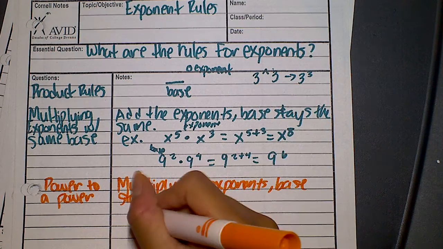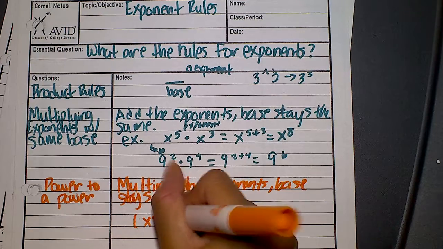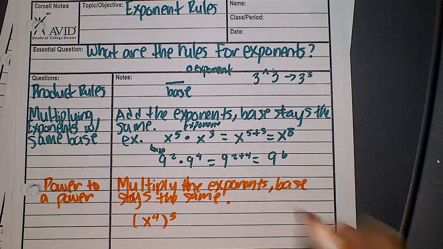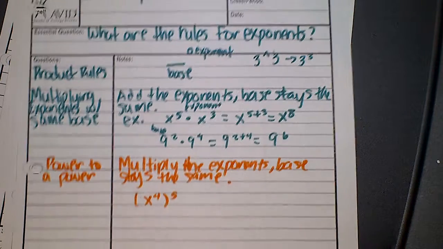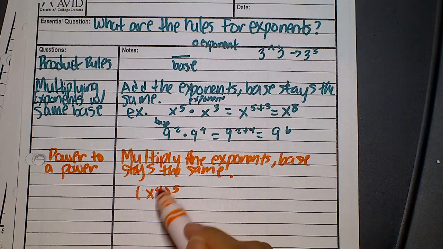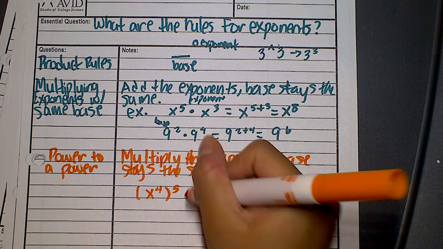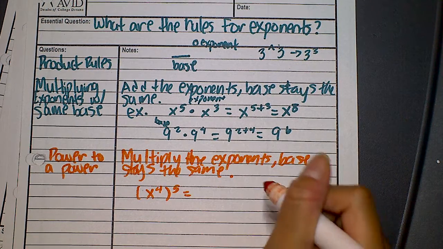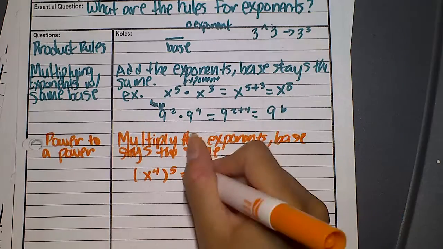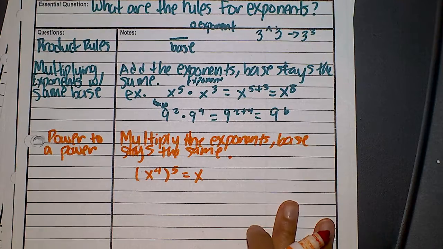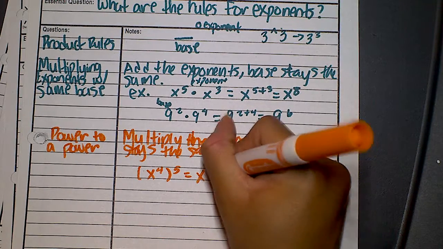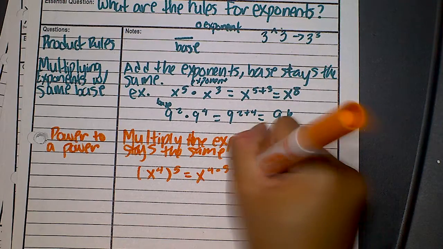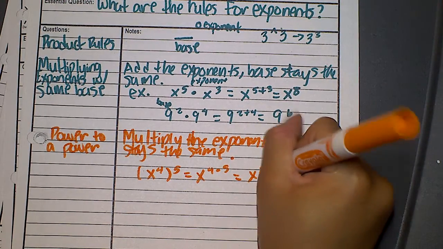So if you were to have x to the 4th power to the 5th power, so that means you're taking the 5th power of x to the 4th. So then that's equal to, you leave the base alone, so it's still x, and then you multiply the two exponents. So 4 times 5, which is equal to x to the 20th.